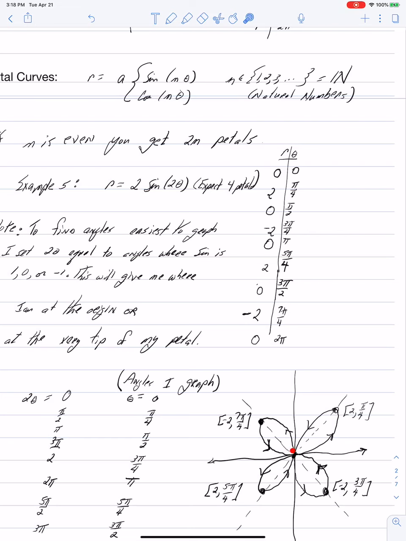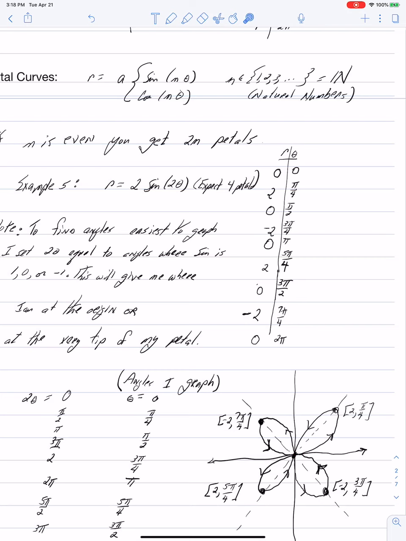At 3 pi over 4, I have a value of minus 2. Now here is 3 pi over 4, it's over here, but since the radius is negative, it gets reflected. That's minus 2, 3 pi over 4, right? So I go there, there, there, and then down here. And then I'm back at the pole again at pi.